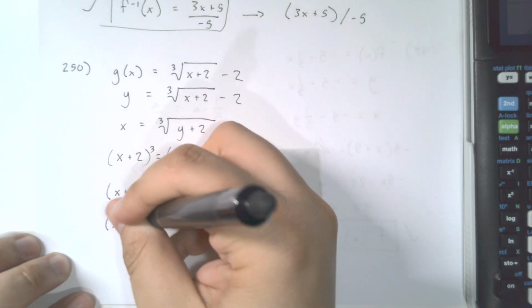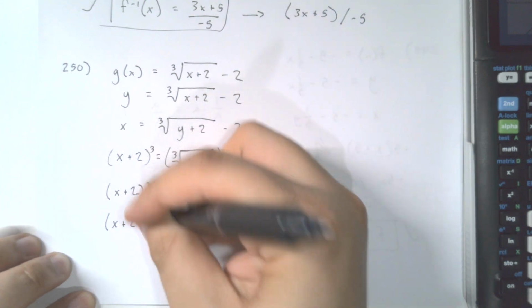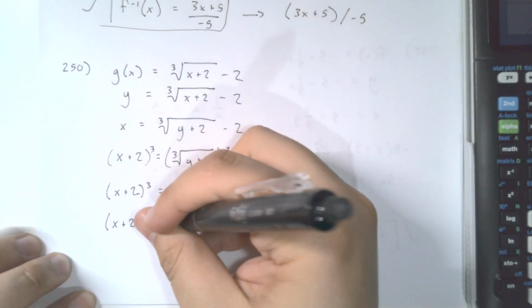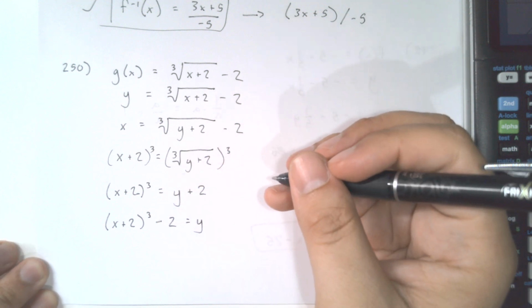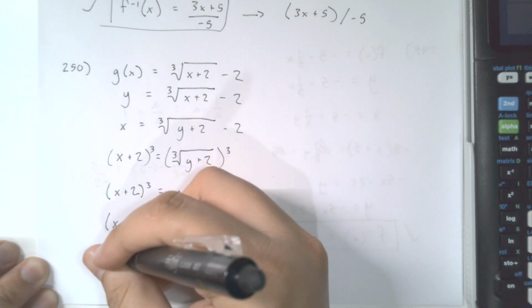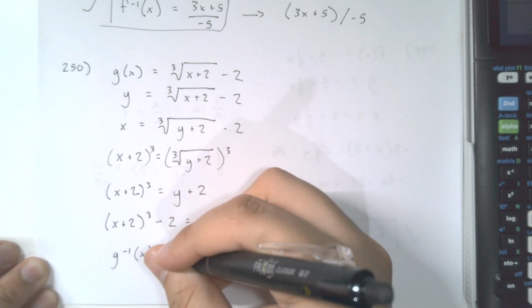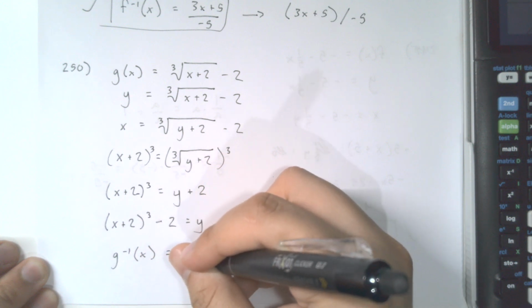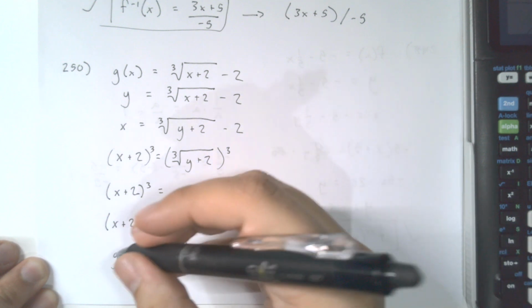We have x plus 2 cubed minus 2 is equal to y. And so this is our inverse function. We can say that the inverse of g of x is equal to x plus 2 cubed minus 2.